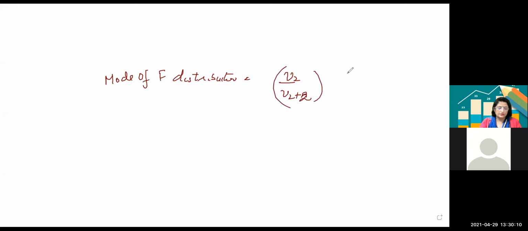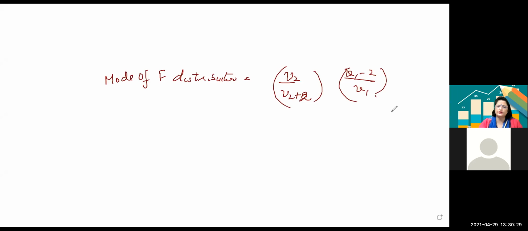So mode is equal to, we have written the mode of the F distribution. So this is equal to nu2 upon nu2 plus 2 into nu1 minus 2 upon nu1, right? अब वैल्यू जो है हमें क्या प्रूव करनी है, the mode is greater than unity or less than unity? हाँ जी, प्लीज रिपीट.